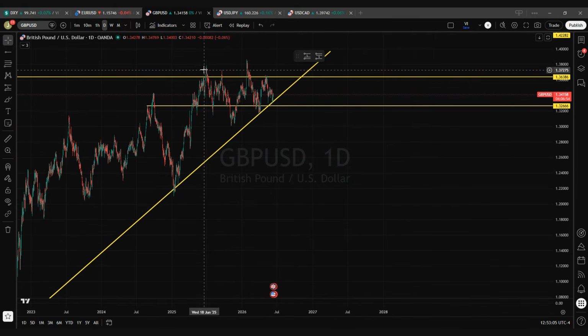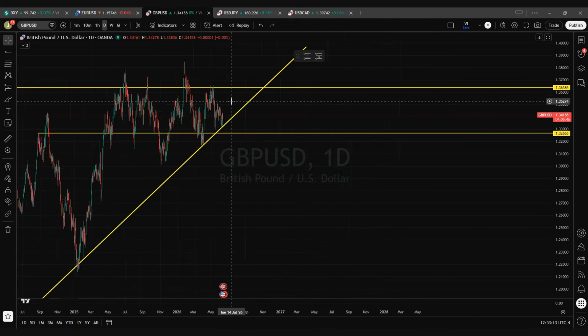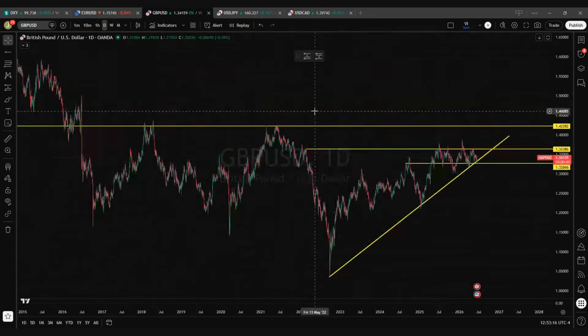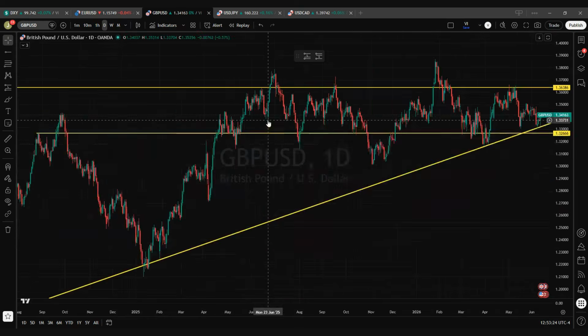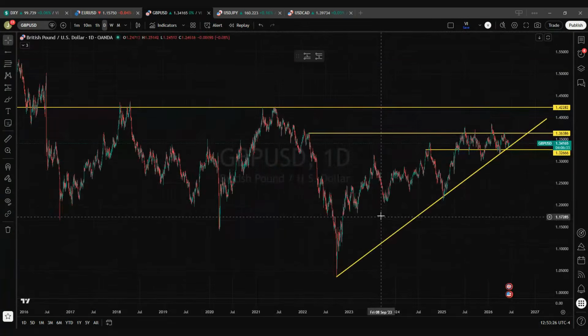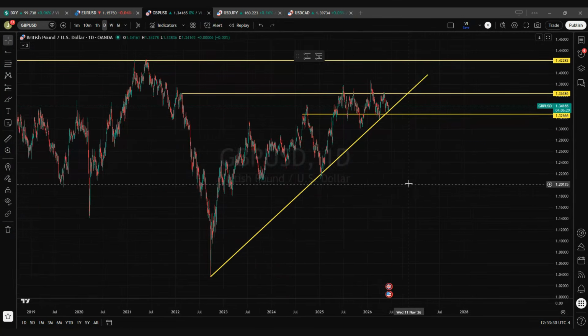This has been capping price for the past couple months, and even stronger if the British pound were to get above 1.4282. This would really put the dollar in question, as the British pound is surging against that.